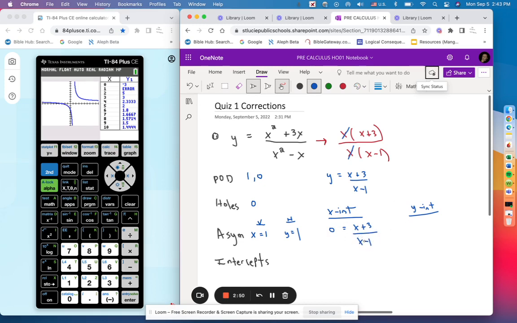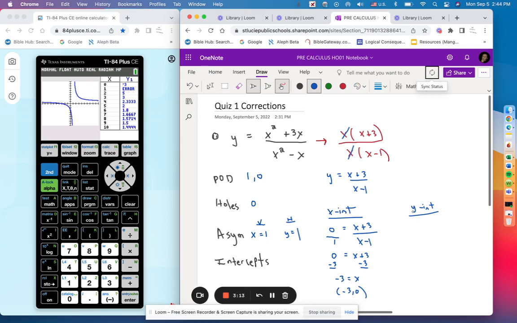And this one, the denominator always cancels. I like to think of it this way. Put it over 1, cross multiply. So you're going to have 0 equals x plus 3. Subtract 3 on both sides. Negative 3 equals x. So my x-intercept is negative 3 comma 0.